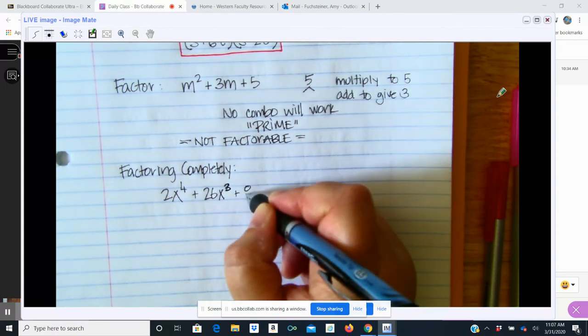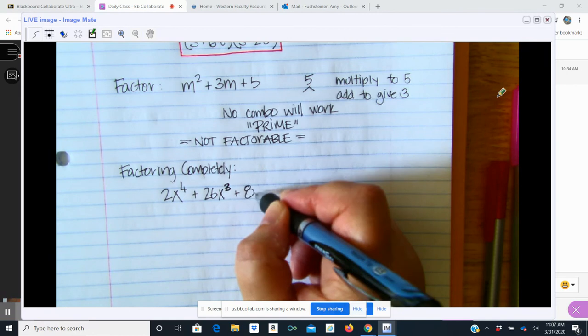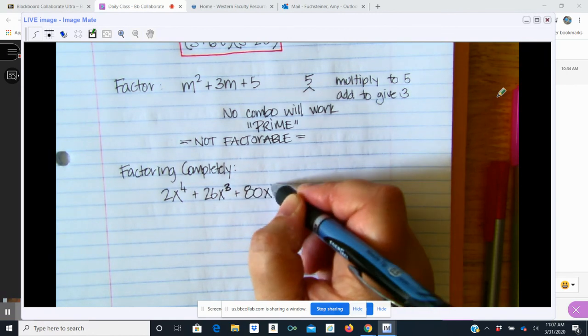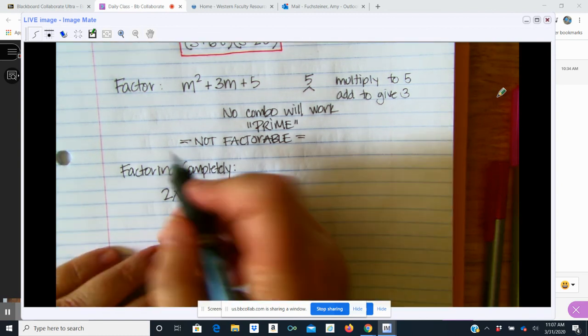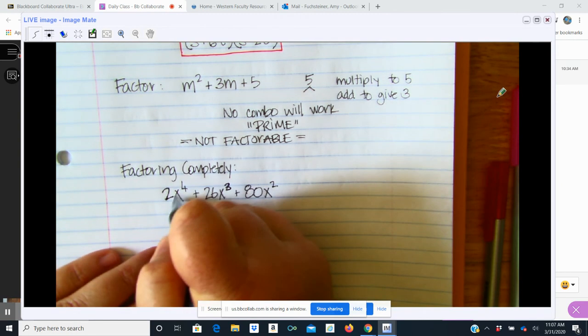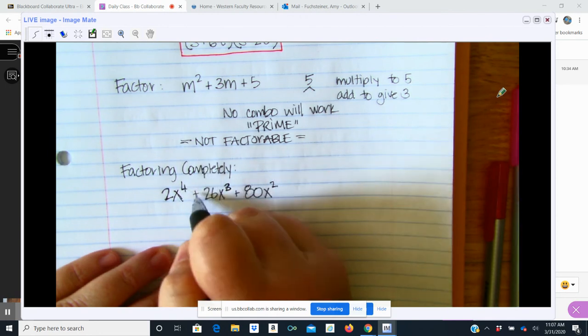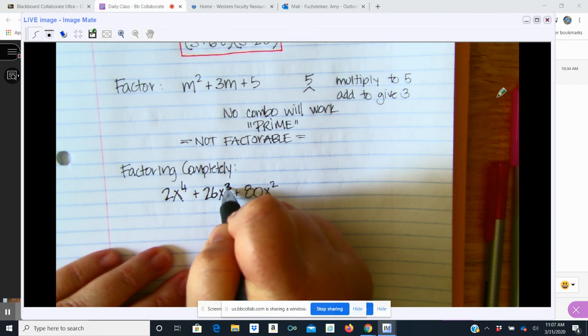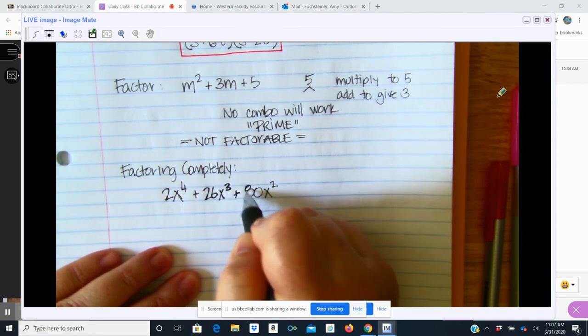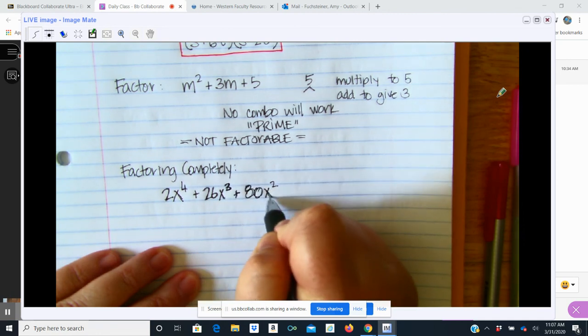Here we have a 2x to the 4th plus a 26x to the 3rd plus an 80x squared.